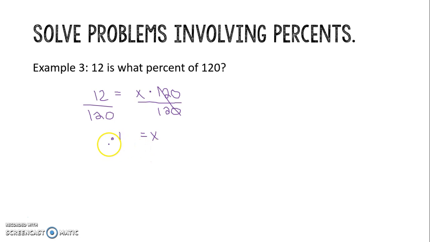However, this is in decimal form. To make it look like a percentage, we need to multiply it by 100, or in other words, move that decimal place over 2 places to the right. And that's going to end up giving us 10%.